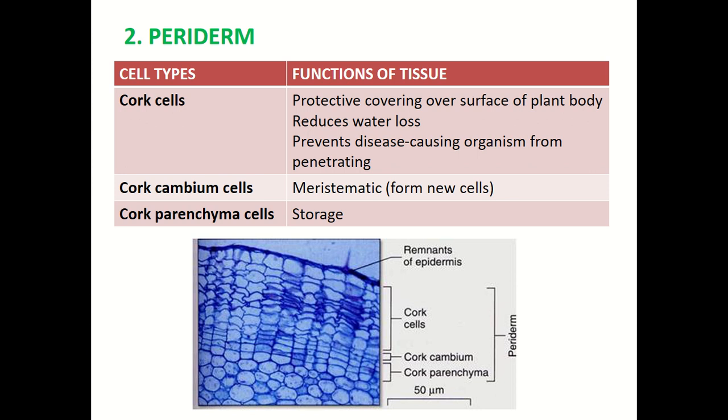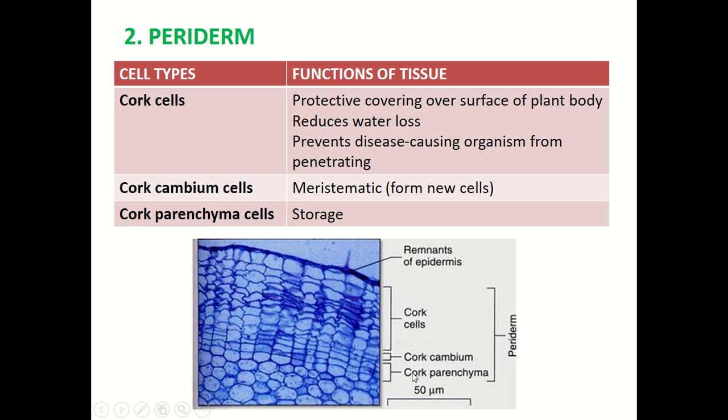It also helps to reduce water loss and prevent disease-causing organisms from penetrating the plant. For the cork cambium, in the middle part here, the cork cambium cells act as meristematic cells that are actively dividing to form new cells.